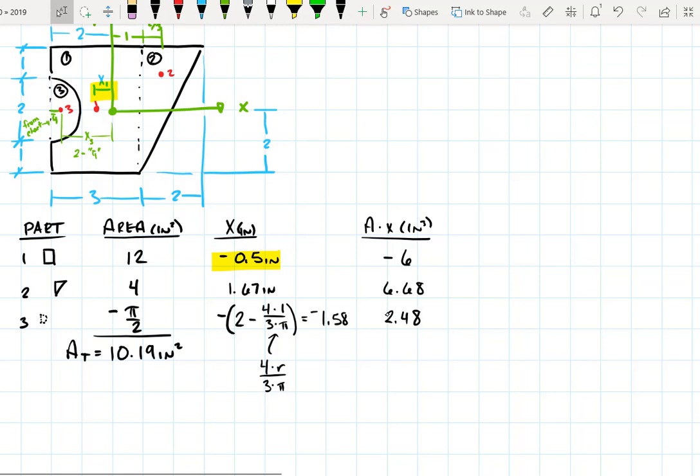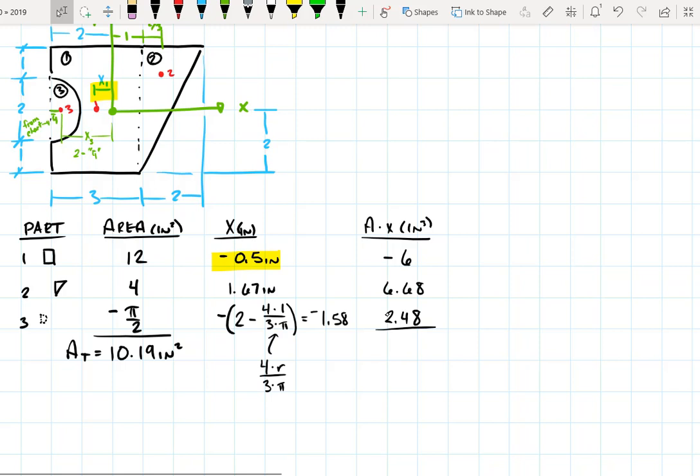What's happening here is I'm trying to figure out where the x coordinate is. If I cut away material that's on the negative side of the y-axis, then that does shift the coordinate of the whole centroid to the right, towards the positive side.